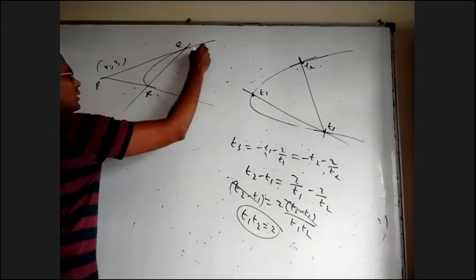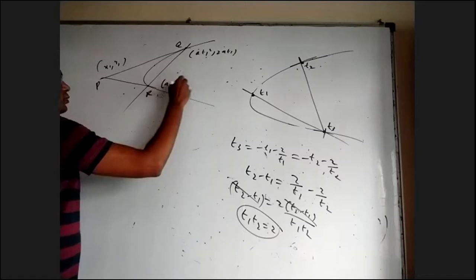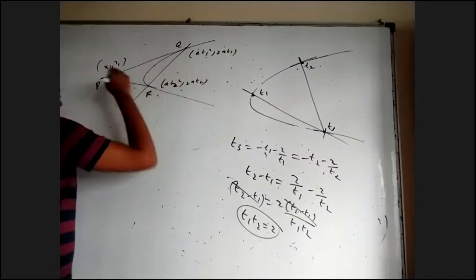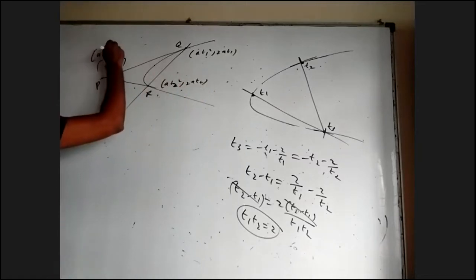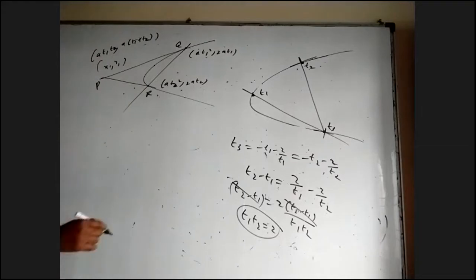I'll take this point as a T1 square comma 2a T1, this point as a T2 square comma 2a T2, and this point is obviously a T1 T2, a into T1 plus T2. First we'll find the area in terms of T1 T2.